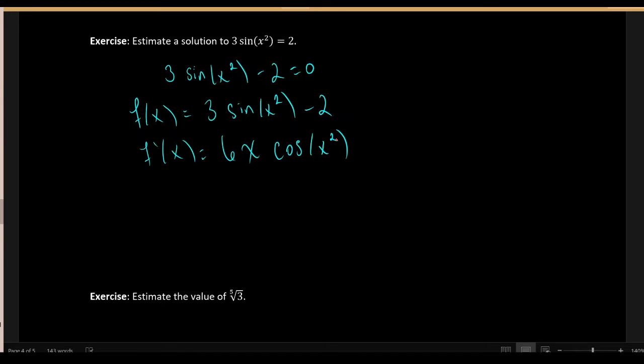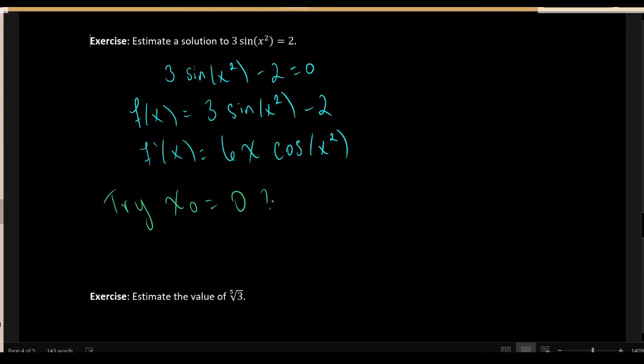In this problem, they have not given me an initial guess for x0, so I'm going to have to pick my own value. In general, my first inclination is to try x0 equals 0. 0 is one of my favorite numbers, so why not try that first?